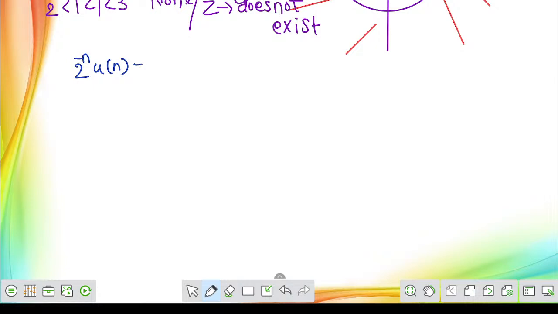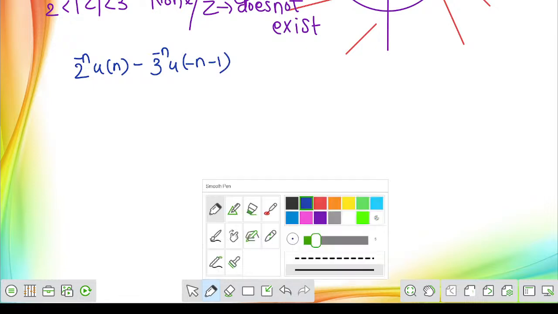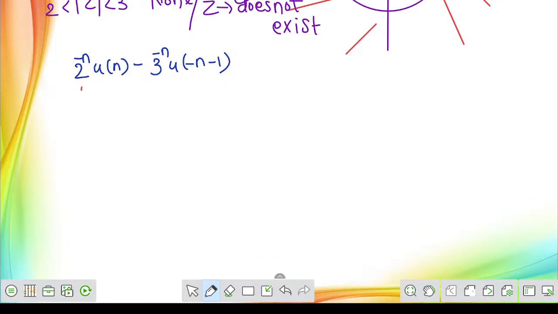Here what they put is 3 power minus n into u of minus n minus 1. Now, what will be the ROC? Whether the ROC will exist for this or not? Let us see. The first one can be rewritten as 1 by 2 whole power n into u of n. The second one can be rewritten as 1 by 3 whole power n into u of minus n minus 1.